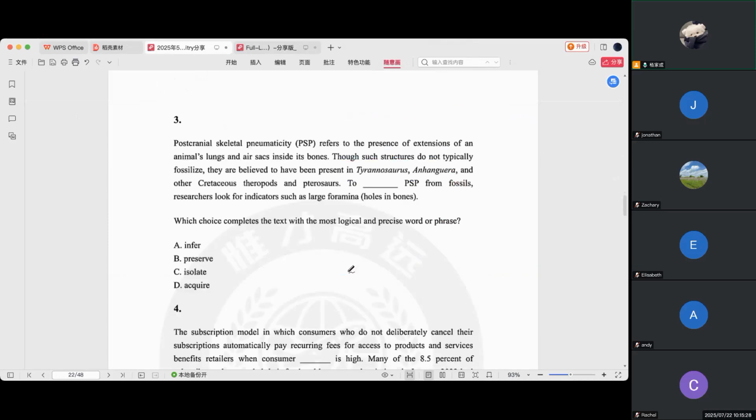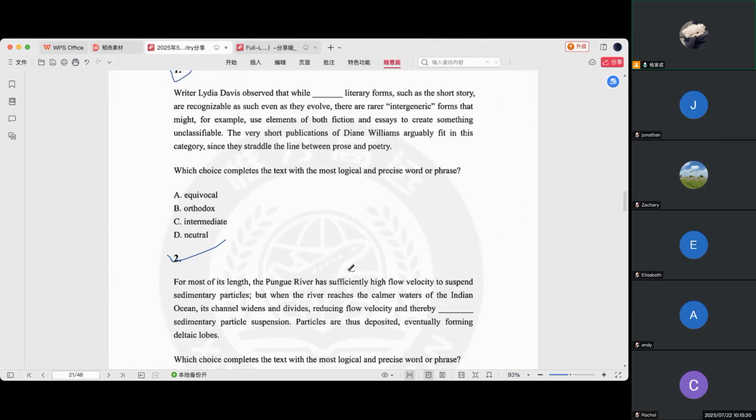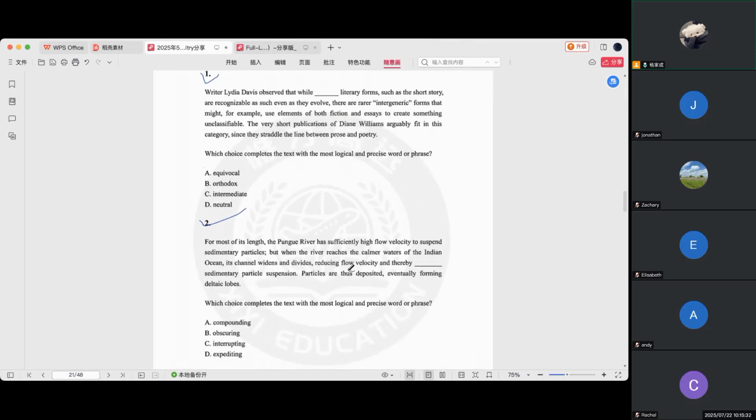Those are two vocab questions. I'm gonna give you guys around 3 minutes for this round. Those vocab is gonna be much harder, but the logic stays the same. You need to find the corresponding evidence.